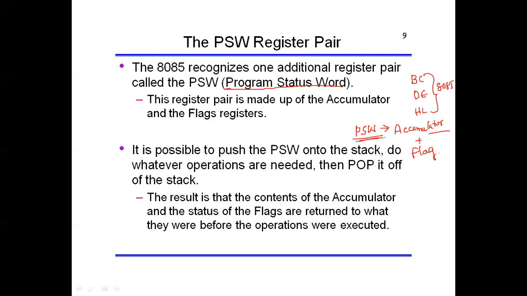So normally we make use of register pairs BC, DE and HL. So what is this program status word and why have we included it? When we talk regarding this program status word, we include the accumulator plus the flag registers. These accumulator and flag registers make a pair, and normally we push, do whatever operation, and then pop off the things.